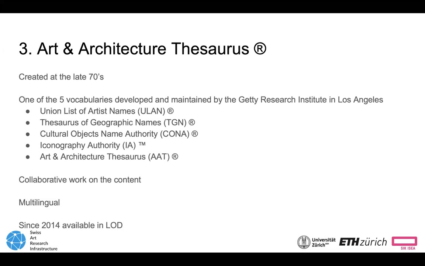CONA contains names of artworks. TGN is for geographic names, and IA is for the iconographic description, and AAT concerns the subject indexing and contains not only object types, but also materials, techniques, or styles and periods, for example.